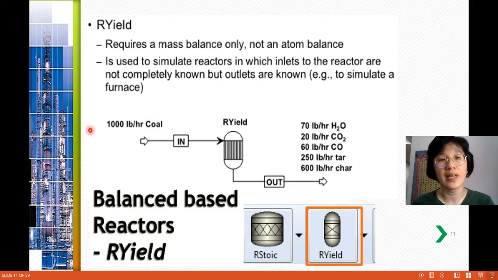Okay? If it's a complex compound, you can represent it using what we call a pseudo compound, not a real compound. And of course here, we don't have enough information for the feed. In this case, you can go for R-Yield because you have the complete information for the product.